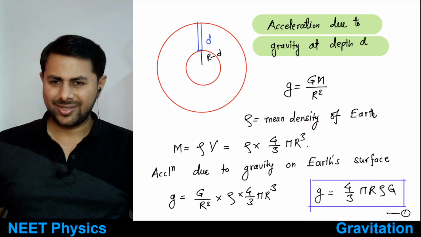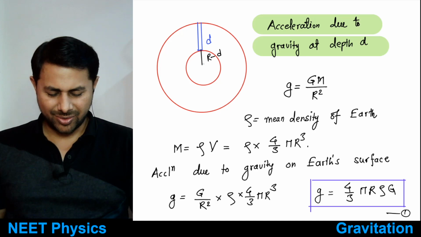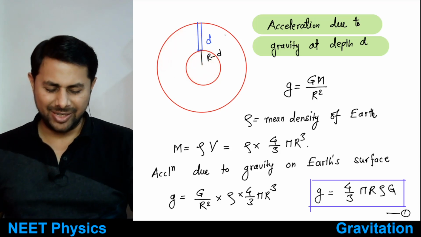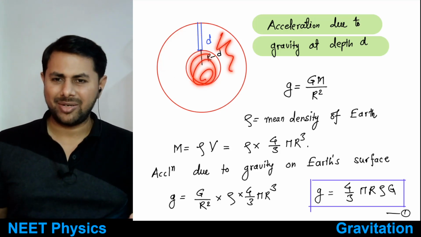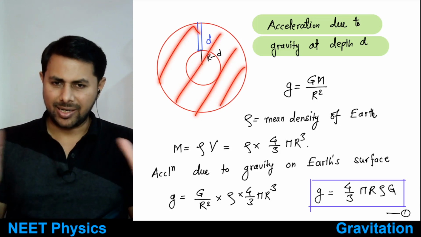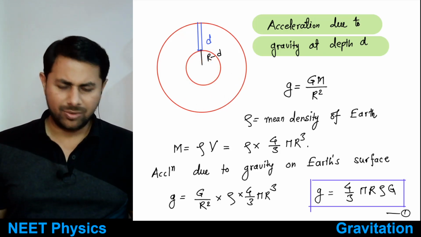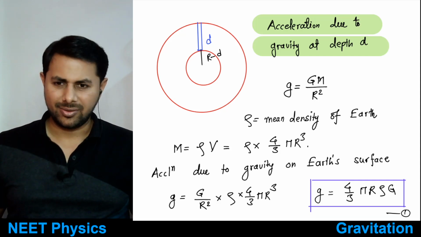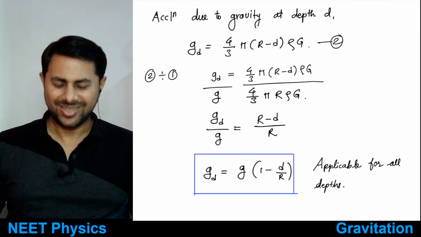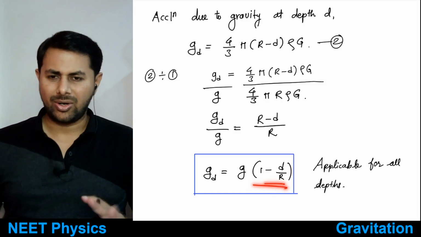The composition of earth is different; the composition of the core will not be the composition of the outer layers. So the mean density here and the mean density here will not be equal. If you consider the mean density of this part and of that part, it would be different, but we are considering it to be the same. That is the approximation, which is not correct, of course, but we need to do something. So there is an approximation, but you can use this formula for all depths.